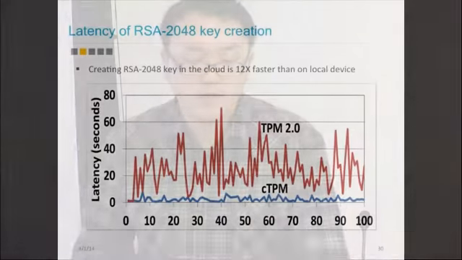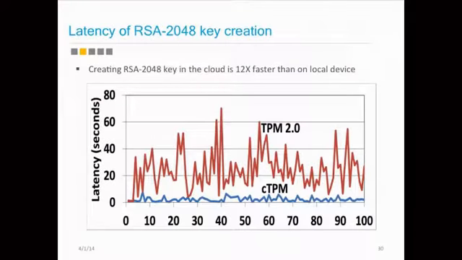To answer the second question, we use an experiment to compare the crypto operations between cTPM and the TPM chip. In the experiment, we create a 2048-bit key on both the TPM chip and the cTPM cloud-side emulator. And we compare the latency of each round of this key creation.